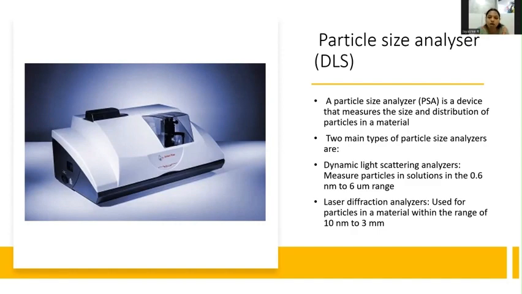You have to disassemble the nanoparticle to see the true particle size. For that, you may have to use ultrasound vibrations to disperse the agglomerated particles and get the exact particle size. And the concentration of the solution that you keep in the apparatus is also important.